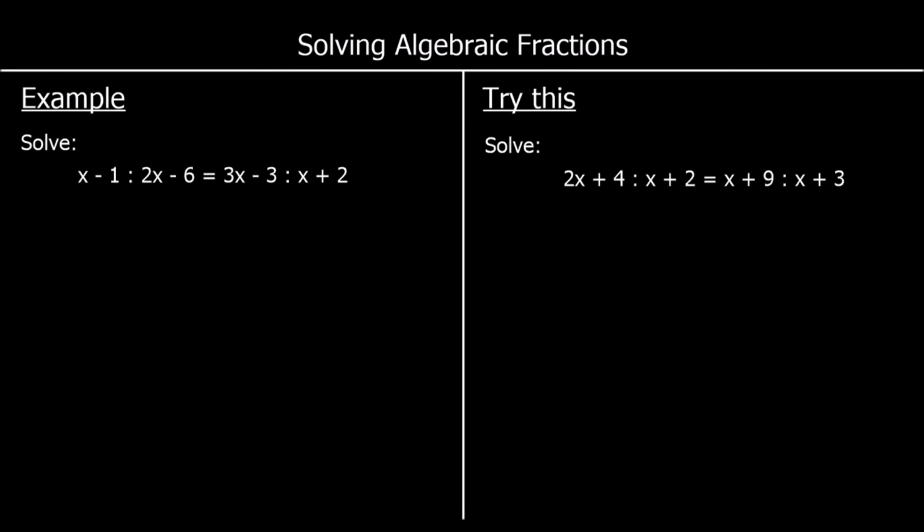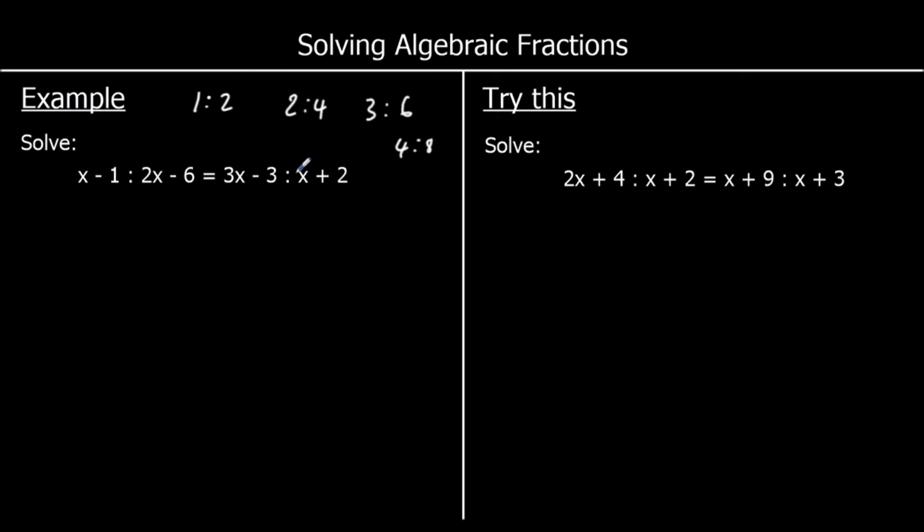Here's a different question. So we've got an equation expressed as a ratio. So we're told two ratios are equal. And if two ratios are equal, so say 1 to 2, and that's equal to 2 to 4, or 3 to 6, or 4 to 8, you can actually express them as fractions.